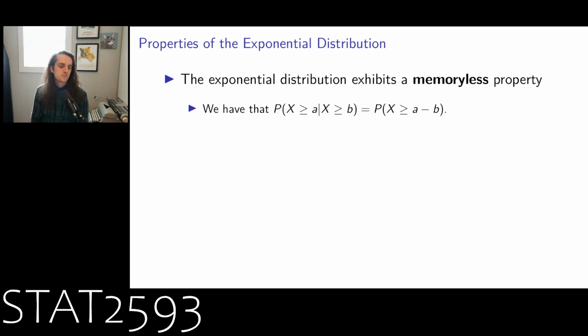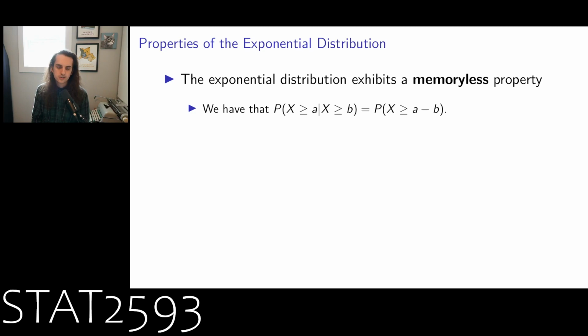In other words, let's say that I want to know the probability that my light is going to be running for 100 hours, and I know that it's already been running for 50 hours. This is the same as asking the probability that it's going to run for 100 minus 50 hours, or another 50 hours.